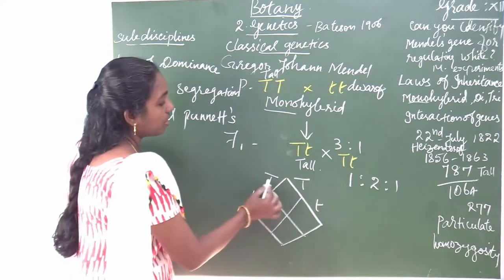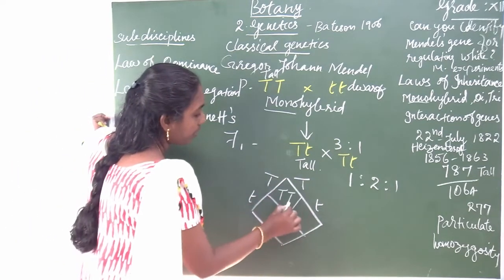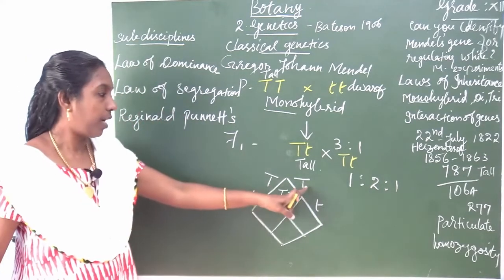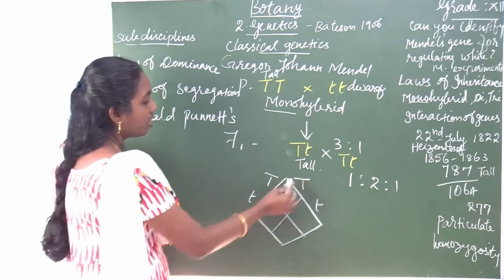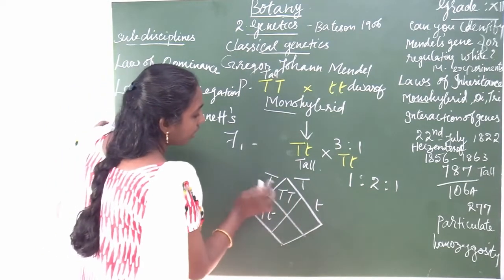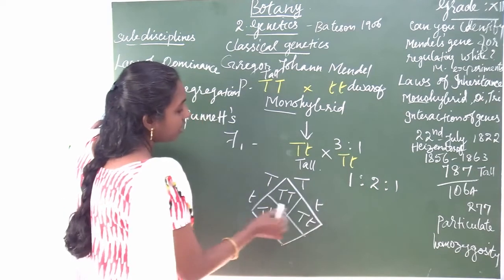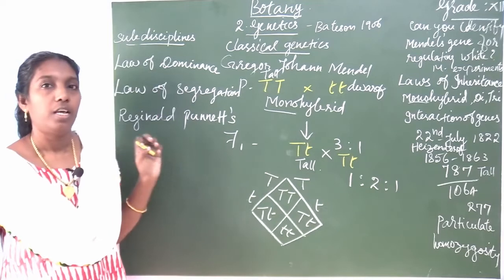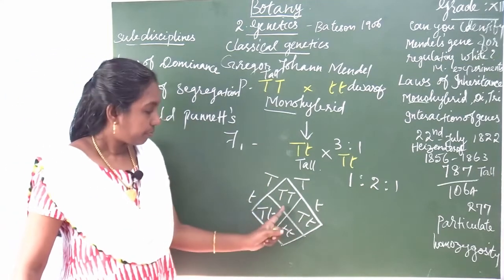So, it gives capital T and capital T here, capital T and small t. First we write the dominant characters: capital T small t, again capital T small t, and these two are small t and small t. Look at this.